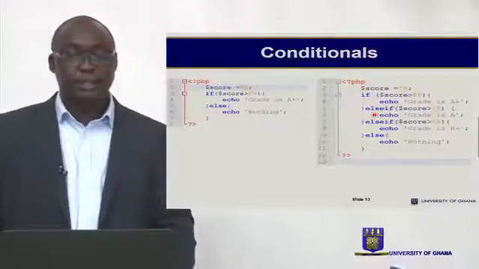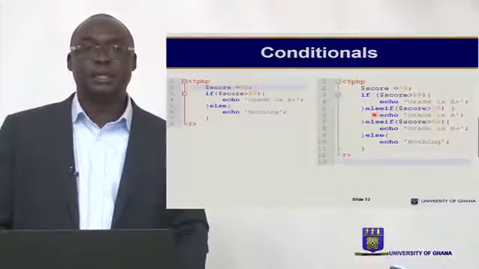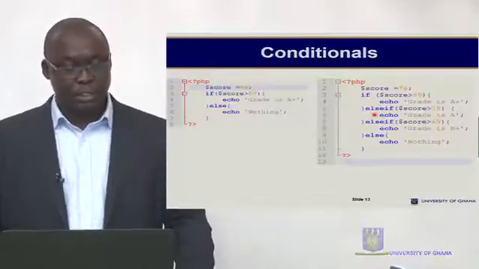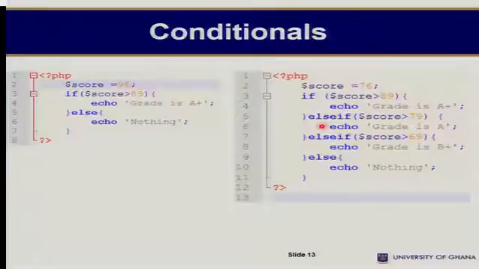So let's look at how that is done in PHP. This is sample code. In this particular code, the first PHP code is testing for the score to be greater than 89. So let's say score contains 96.